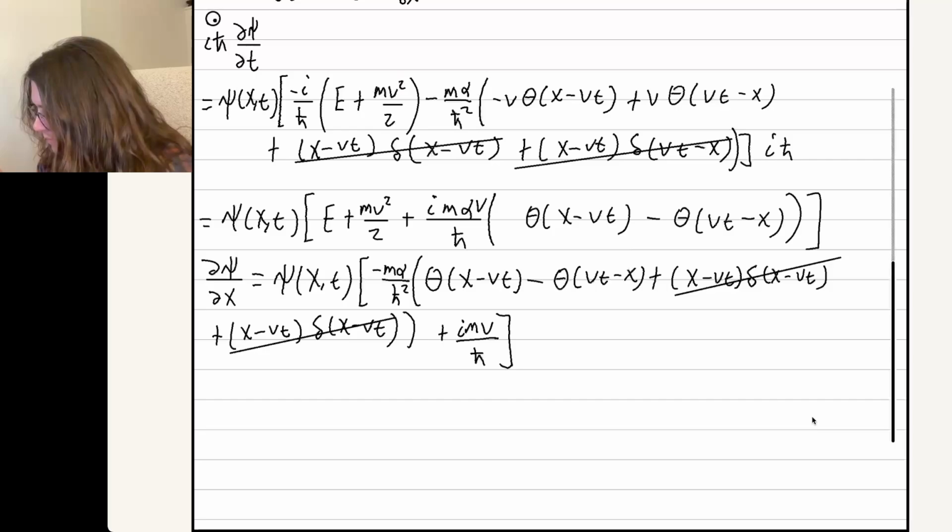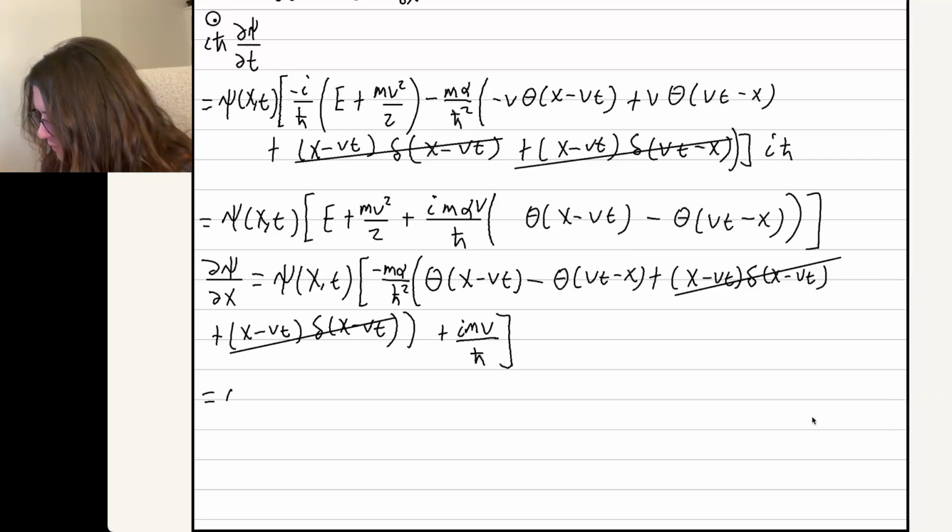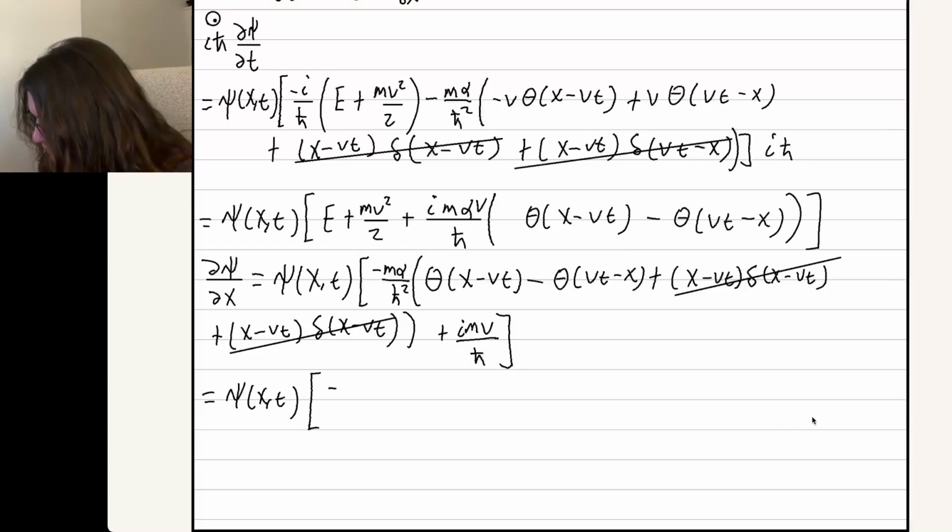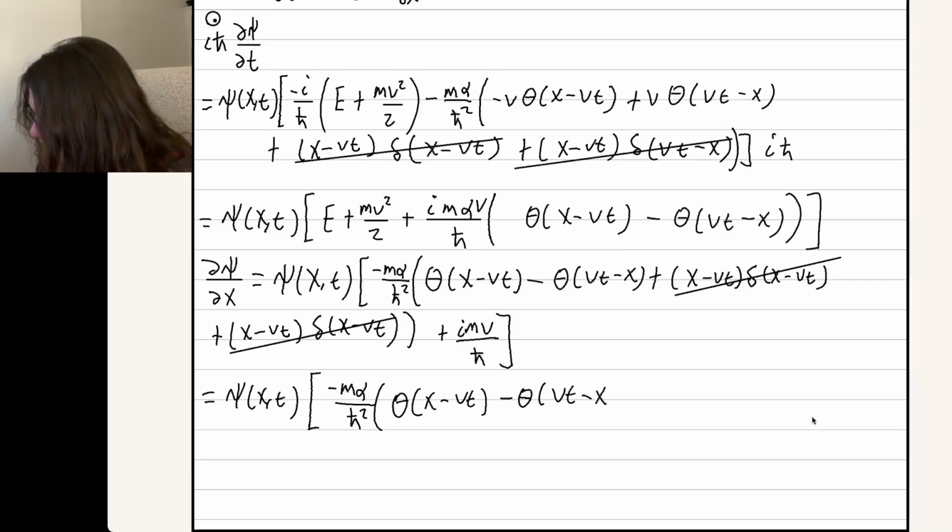Cool. Let's write that again, just so it's not so terrible to look at, because we're going to need to take another derivative of this, and I don't want to think about the other terms anymore.